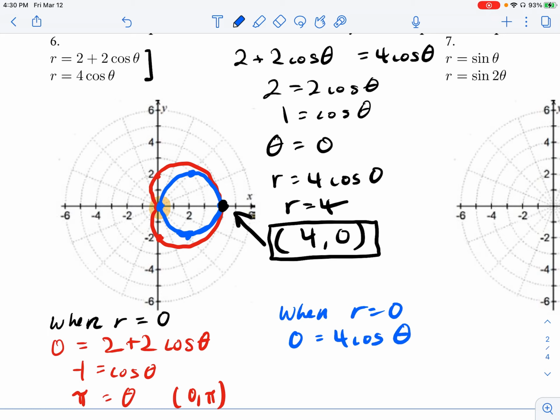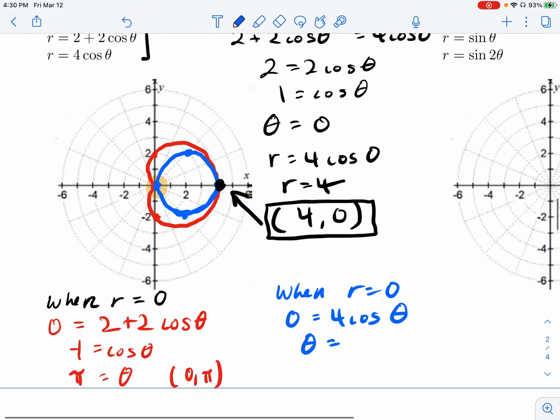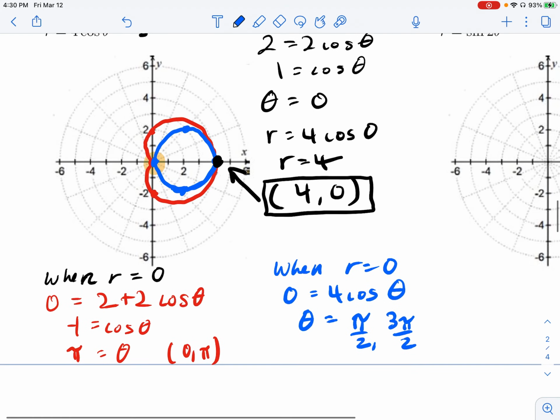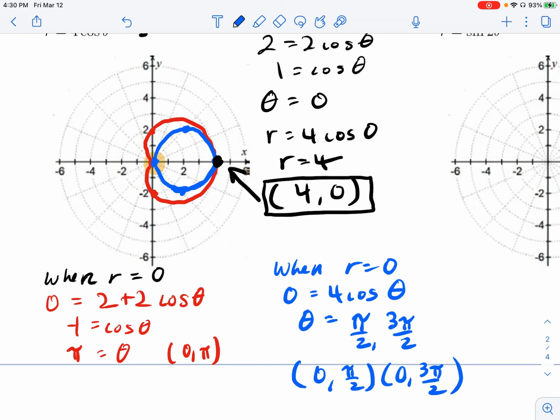Theta is when cosine of theta is equal to 0, which is pi over 2 or 3 pi over 2. So we've got two different coordinates here: 0, pi over 2 and 0, 3 pi over 2. Now, take a look at these sets of coordinates and ask yourself, are these coordinates the same? They're not. They're clearly not.